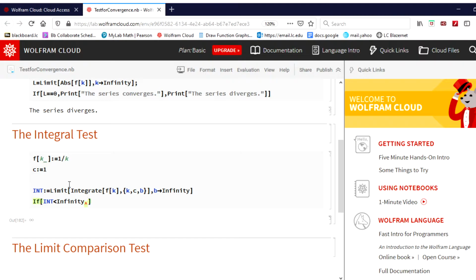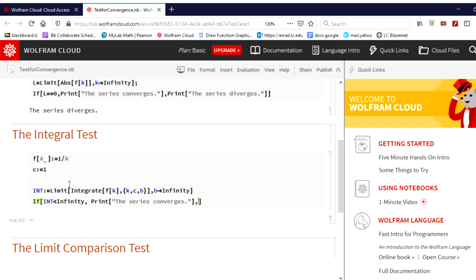Right? If that happens to be less than infinity, then we are going to print this result. And remember, if it's less than infinity, we know the series converges. Let's just keep that all lowercase as a nice sentence there. Right? The series ends up converging.